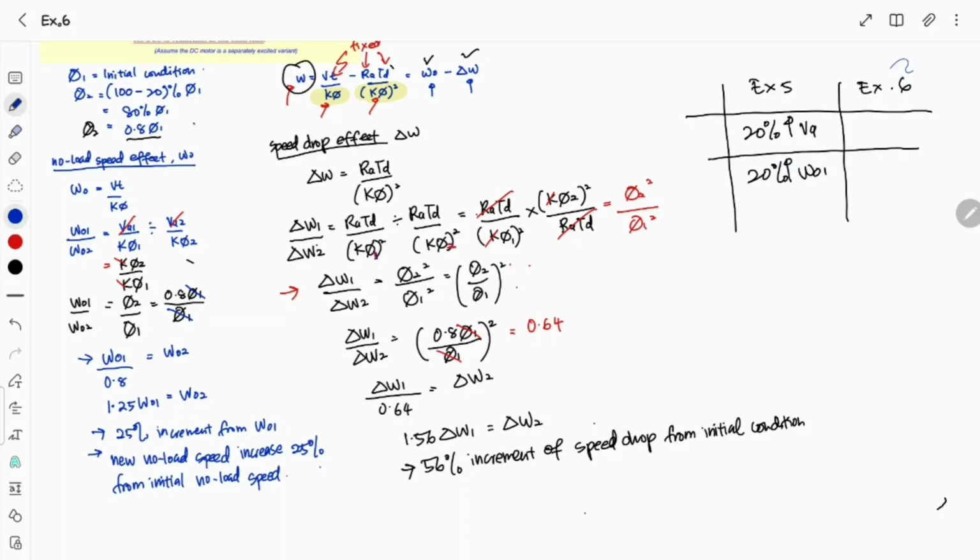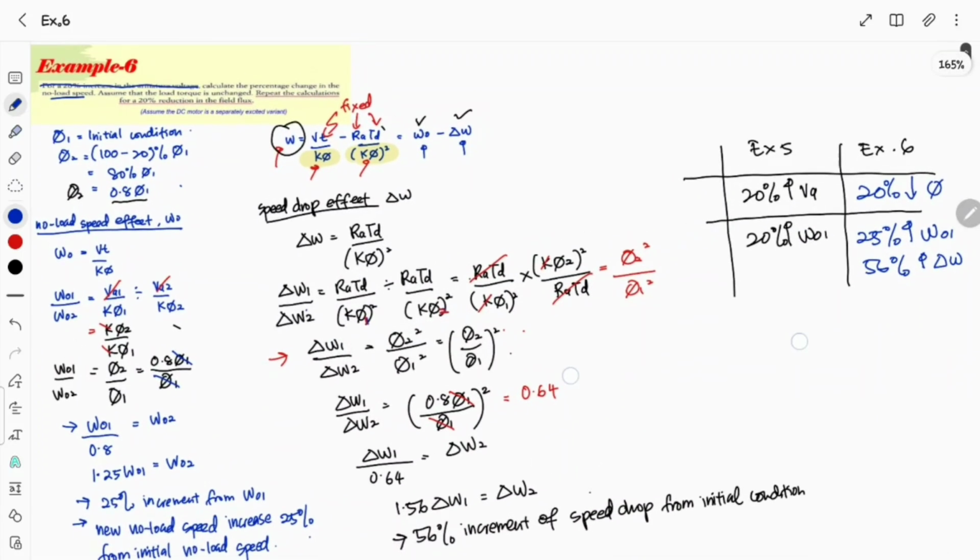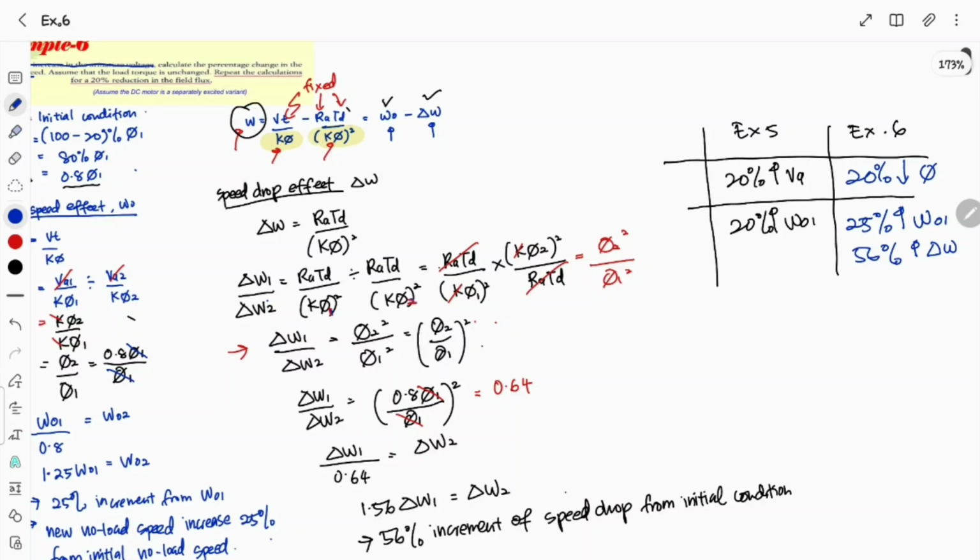Okay, however, for example 6, we have a 20% reduction of flux. Okay, but we have two parameter changes: 25% increment of no load speed and 56% increment of speed drop. Okay, that's the conclusion.